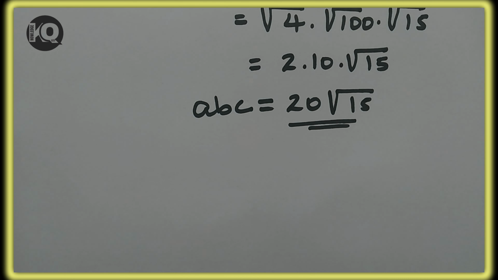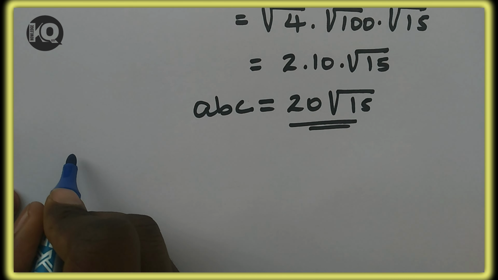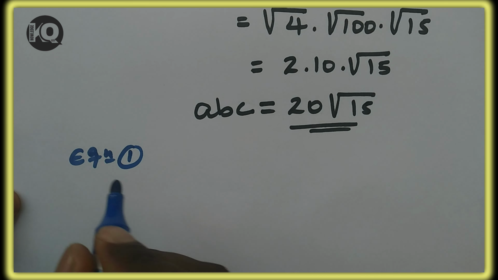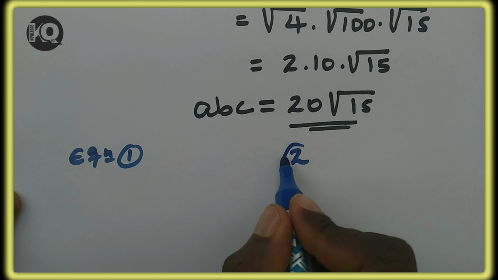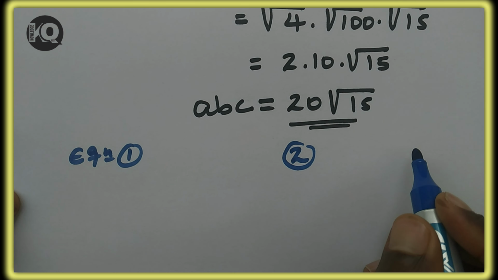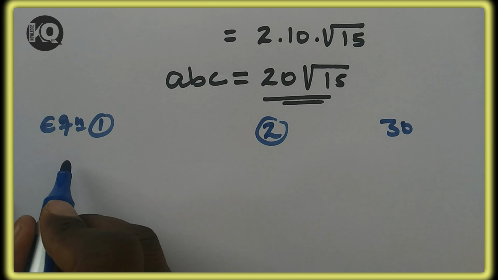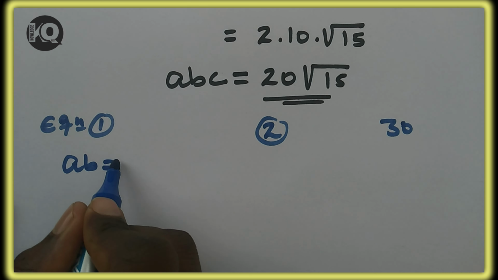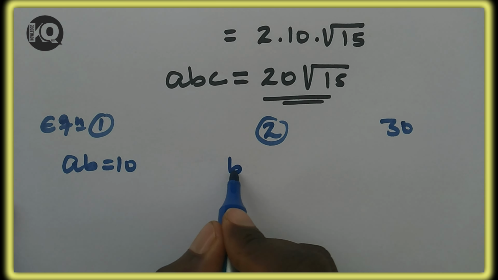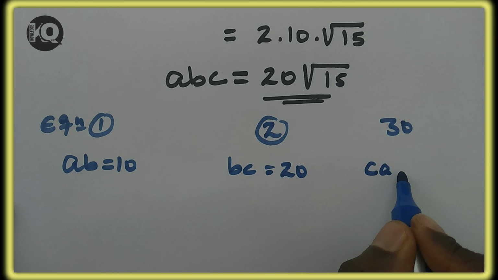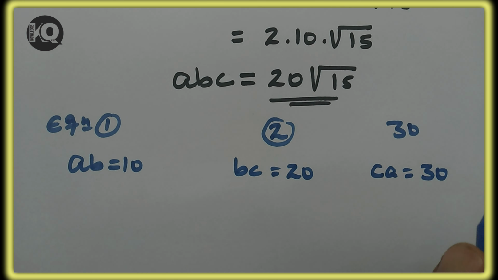Now we have equation 1, equation 2, and we have equation 3. AB, which is 10, BC, which is 20, and CA, which is 30.